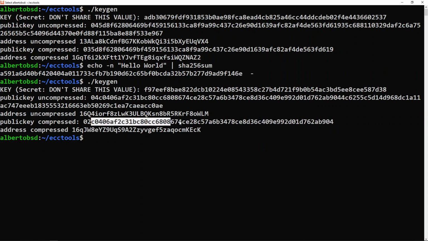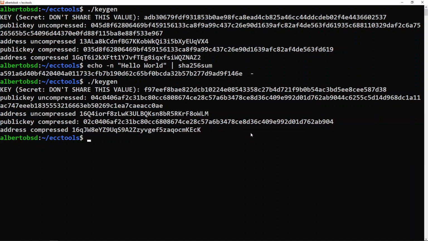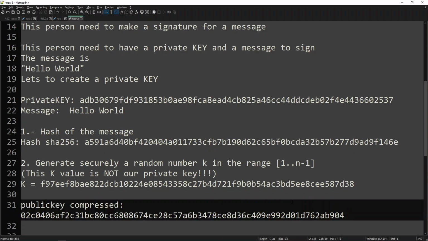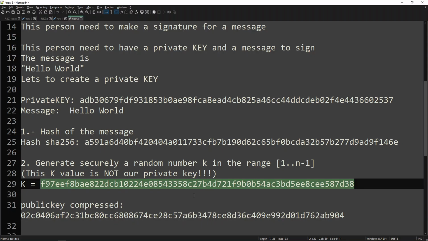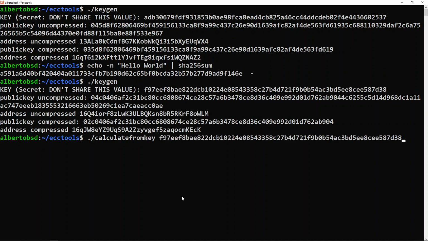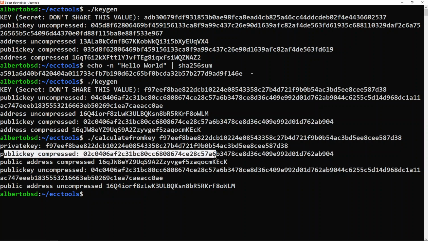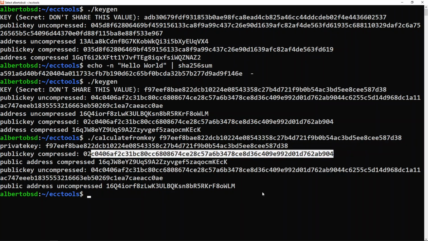This is still the x value. Let me copy the compressed public key, just to corroborate this. Calculate from k. If you check, this value is the same as this value, the compressed public key. So we only need to take this value as the r value.